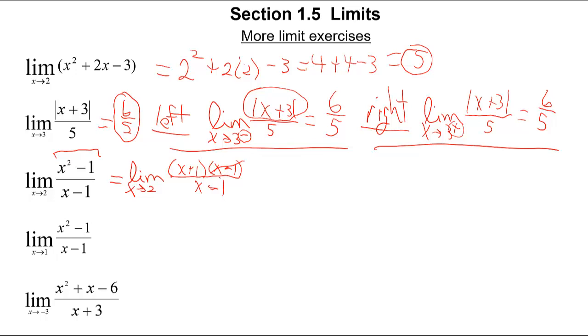Now the x minus 1's divide out, and you end up with the limit as x approaches 2 of the expression x plus 1. And now that's just a polynomial, and you have rule 5, which says you can just plug in. So if you plug in, you get 2 plus 1, which is equal to 3. You'll find a lot of these are just that simple.